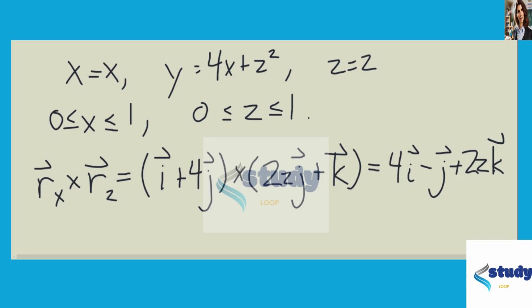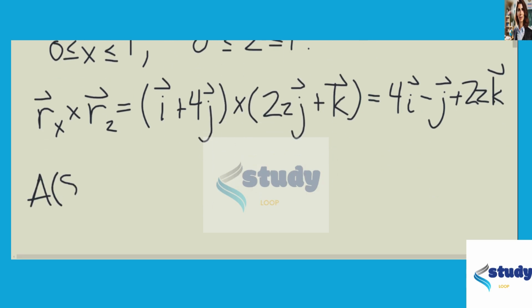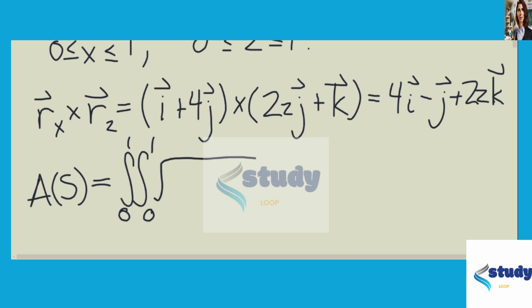And then we have that the area of this surface is the double integral over our domain of the norm of this cross product, which written as an iterated integral is the integral from z equals 0 to z equals 1, integral from x equals 0 to x equals 1 of the norm, which is the square root of the sum of the squares of the components.